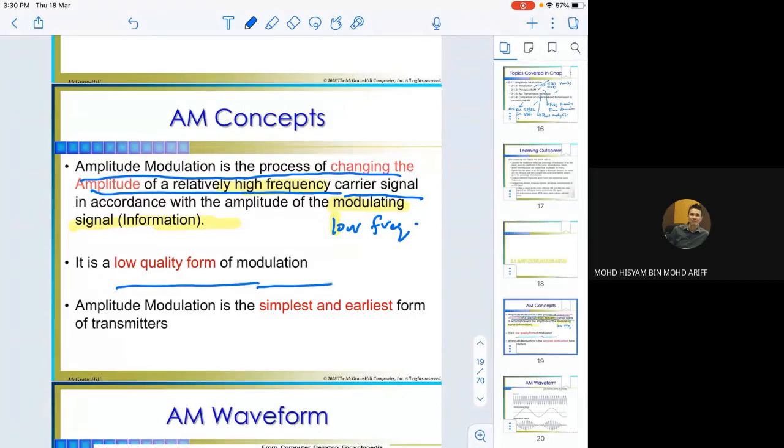So that is a low quality form of modulation, but there are advantages. AM is not bad at all. The best thing is that you can go for long distance.